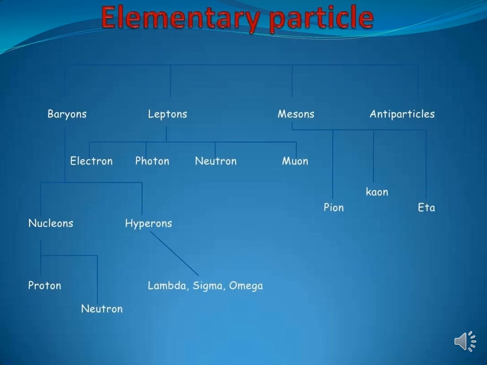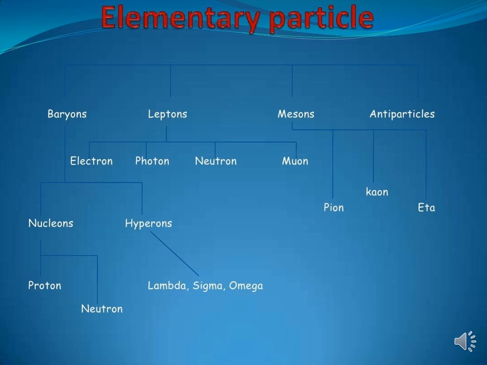This slide shows the chart of elementary particles. So first the elementary particles are characterized by baryons, leptons, mesons and antiparticles. Baryons belongs to nucleons and hyperons. Nucleons can be characterized by the two ways. One is proton and another one is neutron.